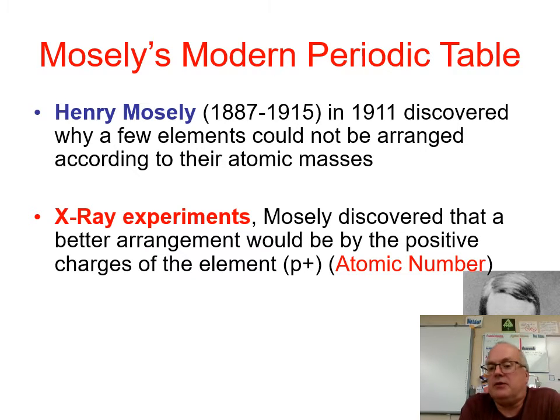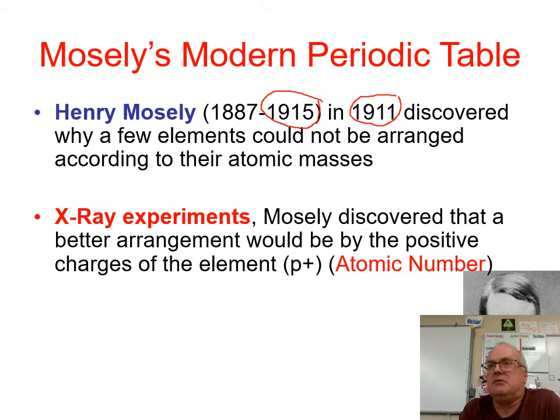He couldn't determine the number of protons through the use of technology, but as time advanced, technology improved. Moseley generally is not given much credit here because of the fact he died very young. He died very soon after his discovery, and he's just not a well-known person.